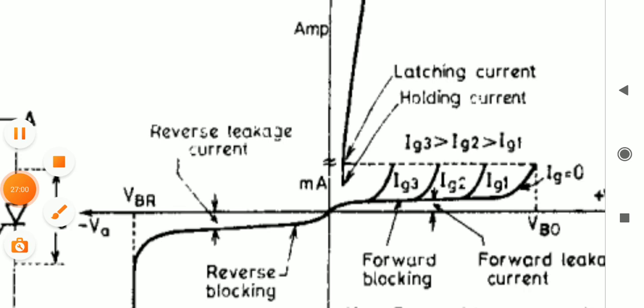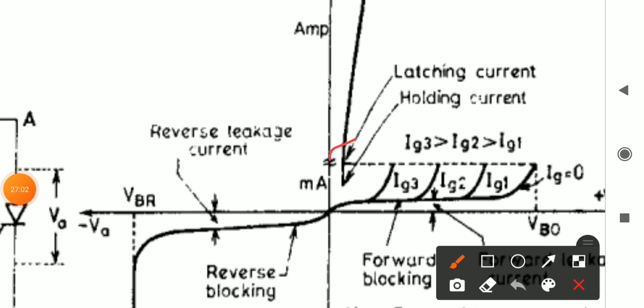The latching current and holding current. So this is our latching current. Suppose a knob will be provided in that kit, and if I keep on reducing this current, at one point, this is a point.